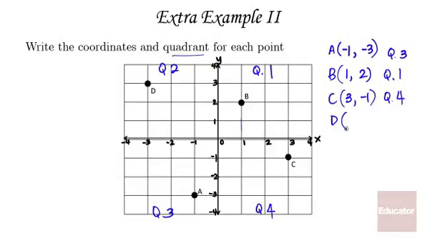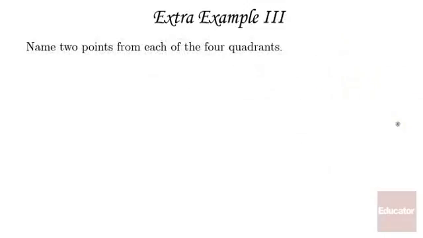D, x is negative 3, y is 3. And that's quadrant 2. Okay, example 3, name 2 points from each of the 4 quadrants. Okay, so it's a little bit hard to do when you don't have the coordinate plane, right? So let's draw out a coordinate plane.